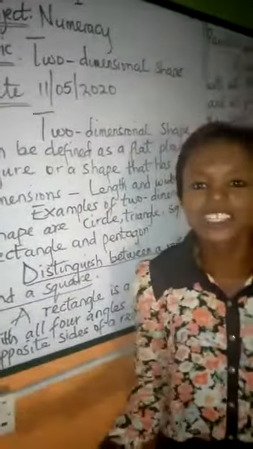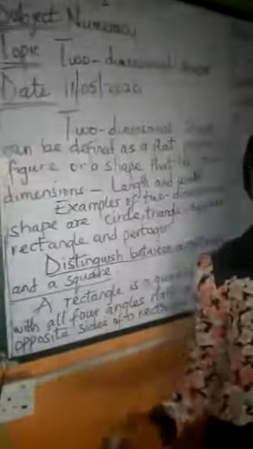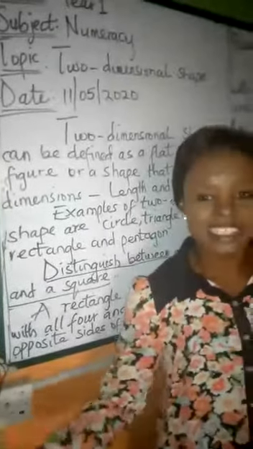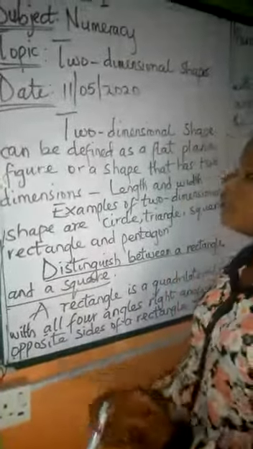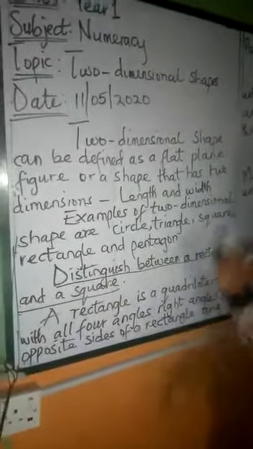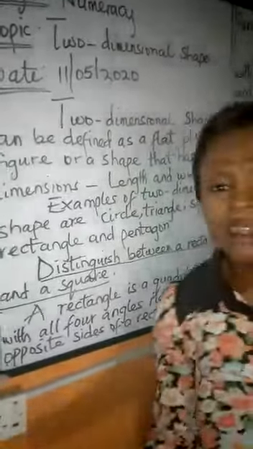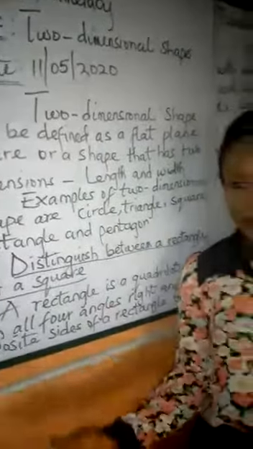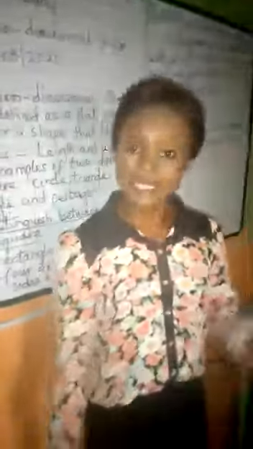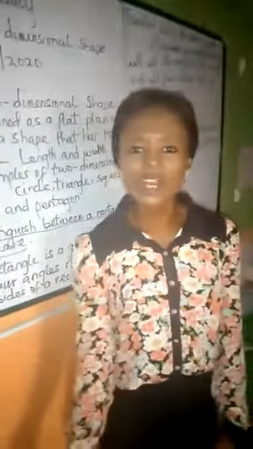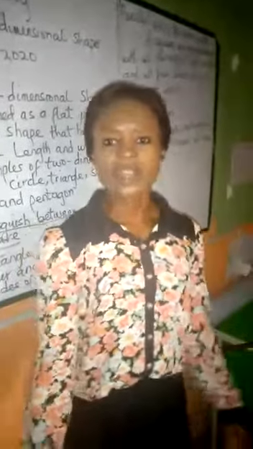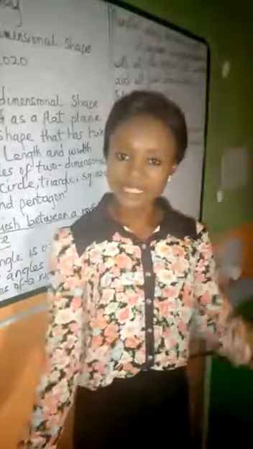Any figure that has length and width can be referred to as a two-dimensional shape. There are many examples of these two-dimensional shapes. We have circle, triangle, square, rectangle, pentagon.